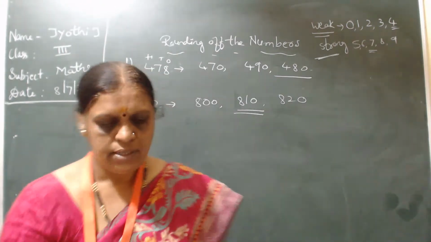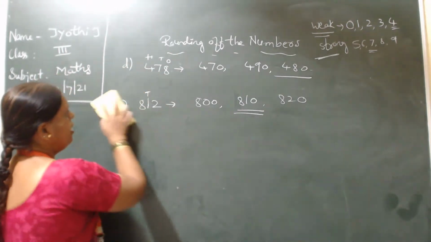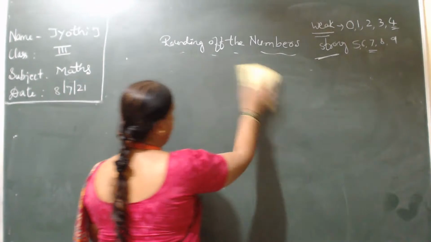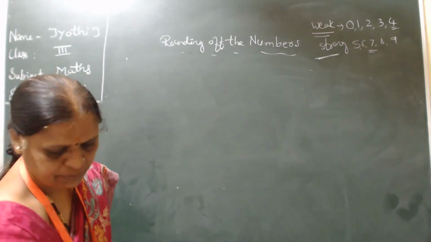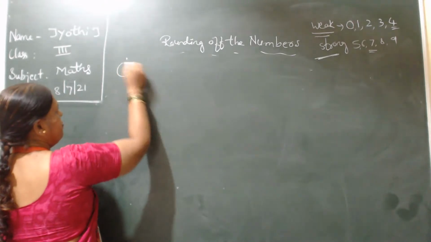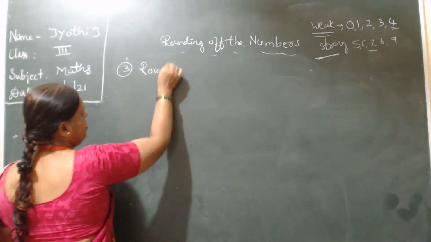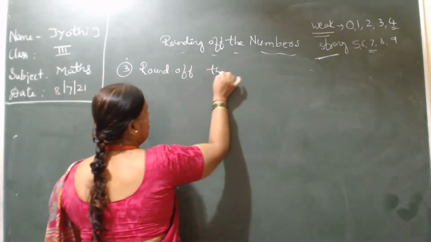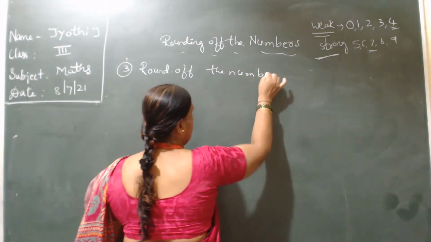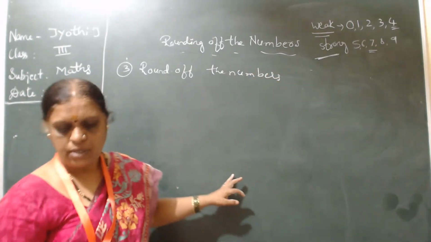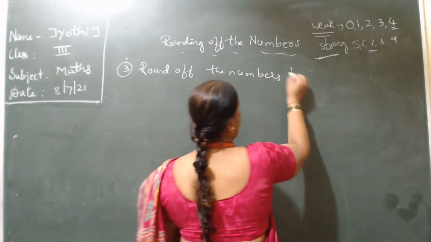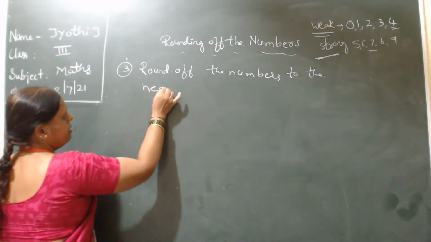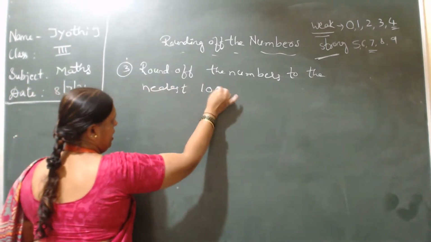Now, round off to the hundreds. Third one, round off the numbers to the nearest 100.